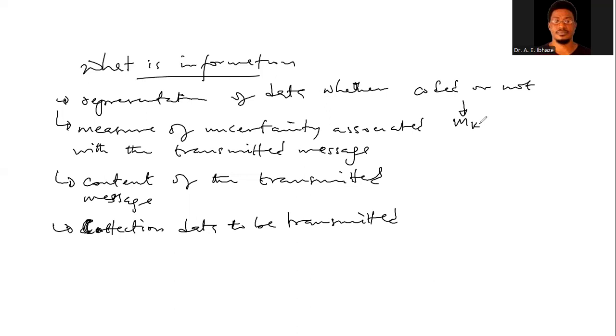Then collection of data, a collection of data to be transmitted. So the fundamental question arising from the first contribution and the last contribution is, what is data? What is data? So who can help us out on that? What is data?